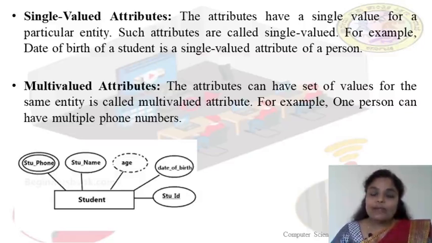And further, after some days, after 10 years, is the date of birth going to change? No. Age can change. See, the age field can change, but the date of birth field, is it going to change? No. So those attributes are called what? Single valued attributes. Meaning to say, during the entire lifetime, once the value is assigned, it's never going to change.